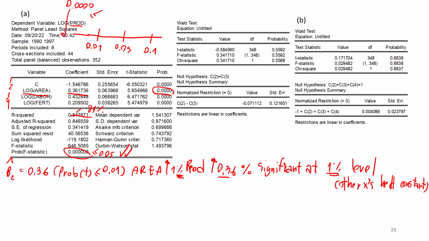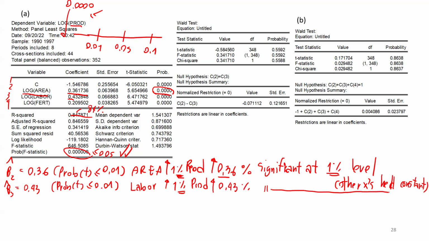Moreover, beta hat, how about it? Yes. What does it mean? Percent. Good. Production. Yes. Yeah. Good.